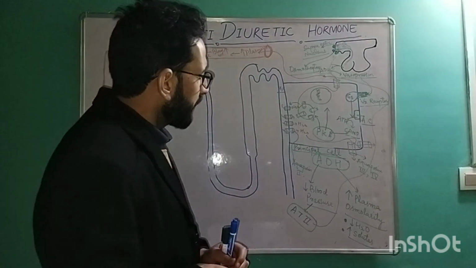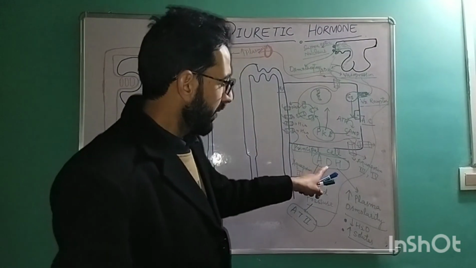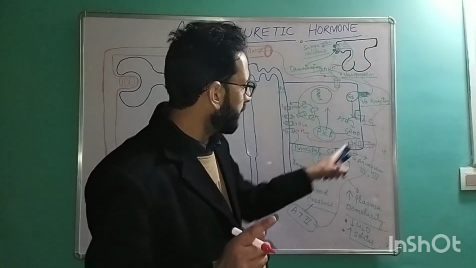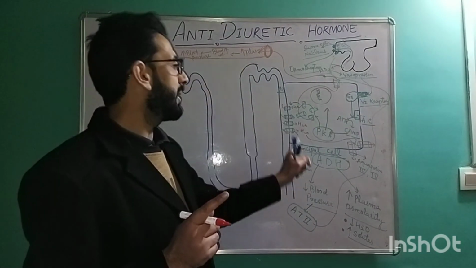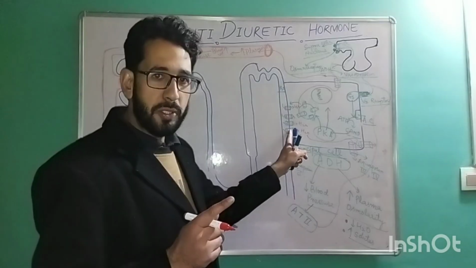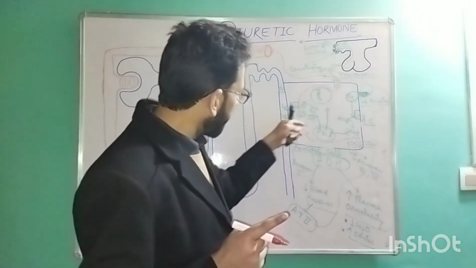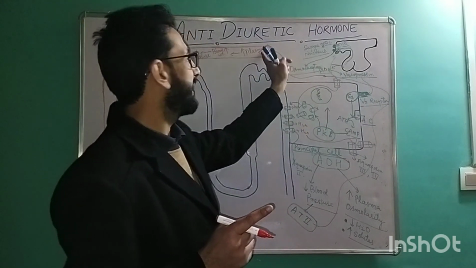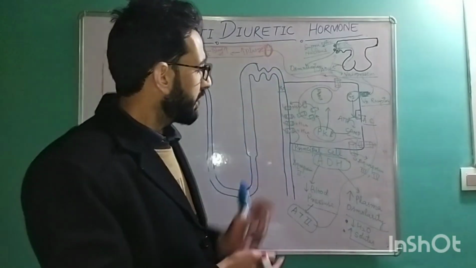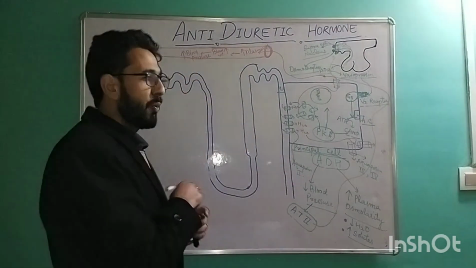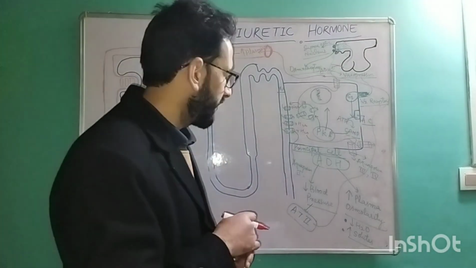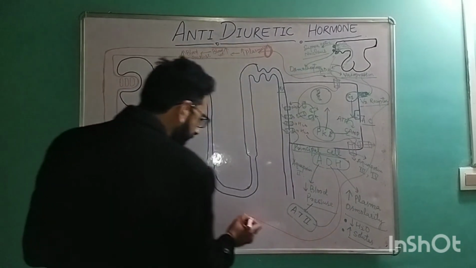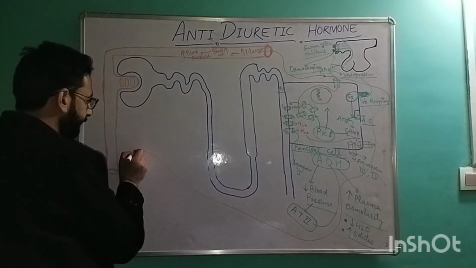Fine. Now, this antidiuretic hormone has the first action on the principal cell, and in the principal cell, it ultimately activates these aquaporin 2 channels, and we are retaining a lot of water back from the renal tubules back in the circulation. Fine. Now, this antidiuretic hormone has one more action in our body, on our blood vessels.